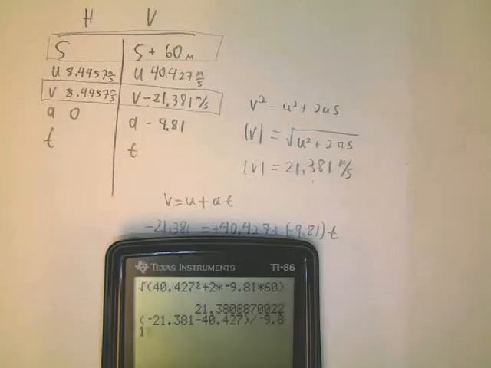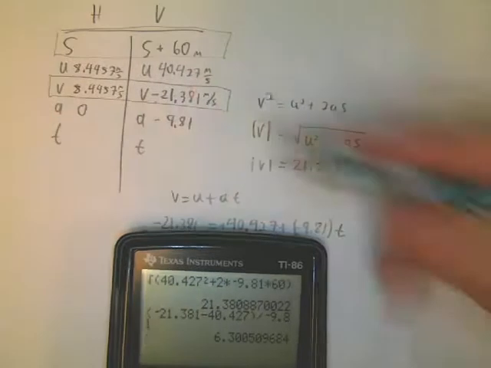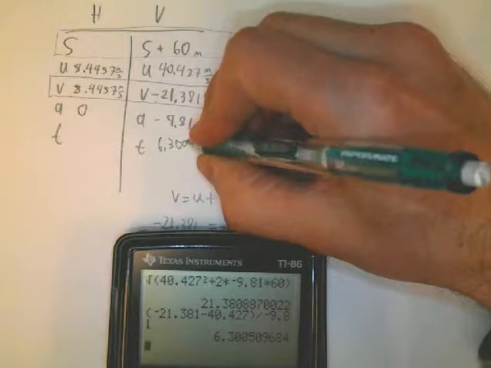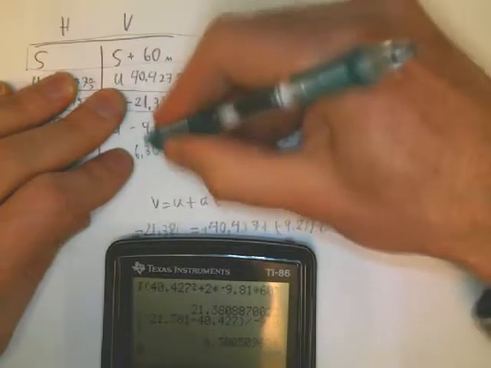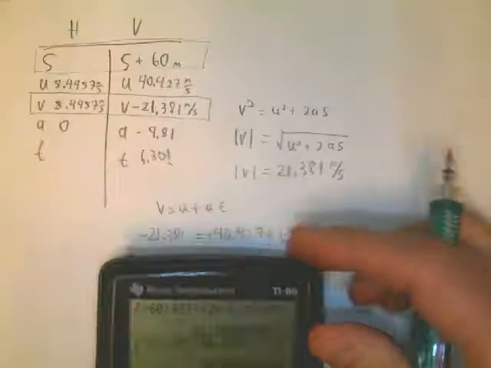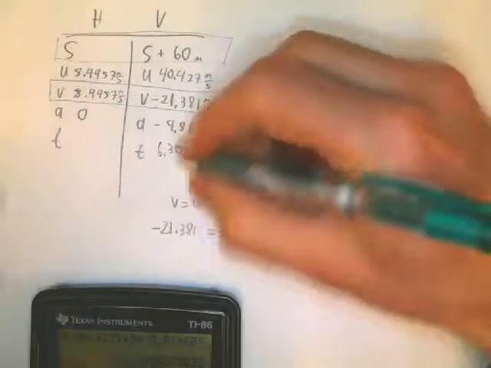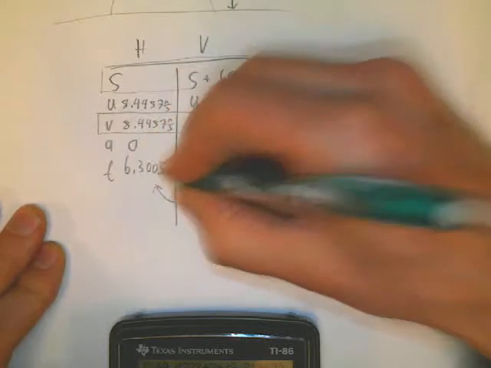And there's my solution: I'm getting 6.3005 seconds, with 5 sig figs. Time is the same on both sides, so it's 6.3005 seconds horizontally.